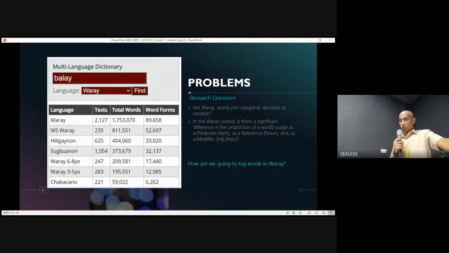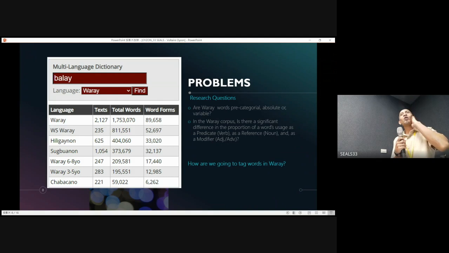So my research question is: are Waray words pre-categorical, absolute, or variable? In the Waray corpus, I counted the frequency of how they appear as predicate, as reference, or as a modifier. The main question is, how are we going to categorize the Waray roots?